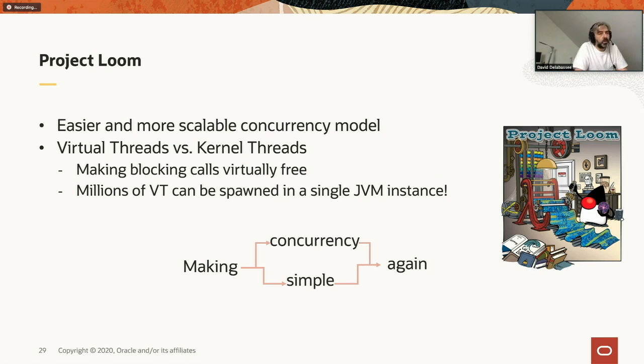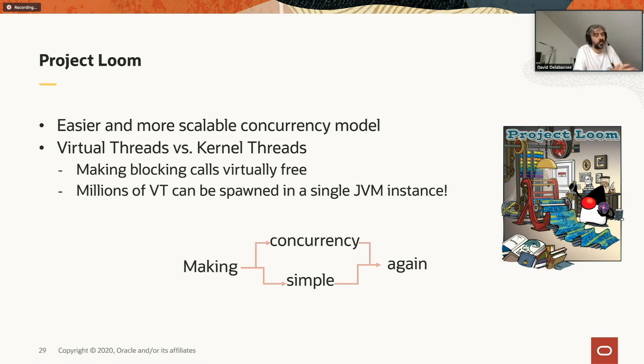How? Right now, the JVM is using native threads, kernel threads. Loom introduces the notion of virtual threads, which are basically software threads that are managed and scheduled by the JVM.